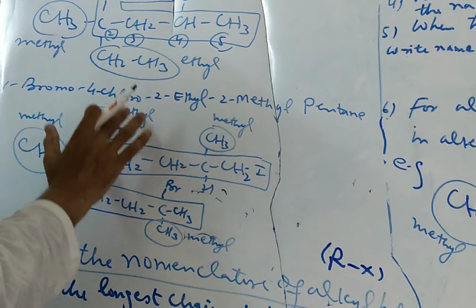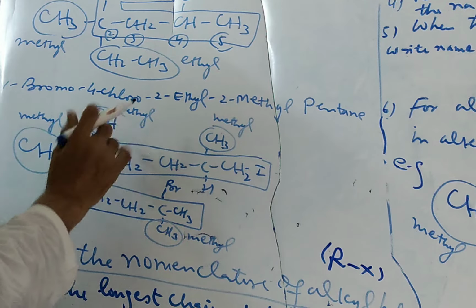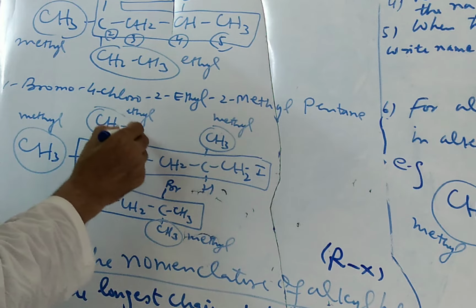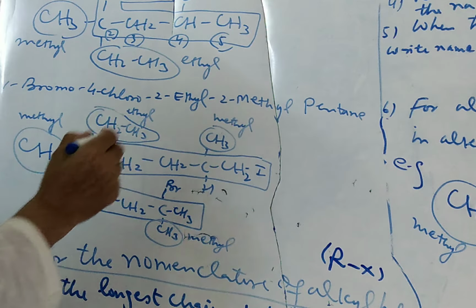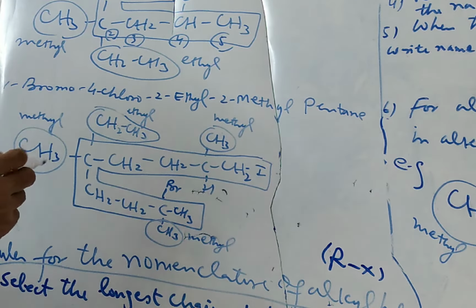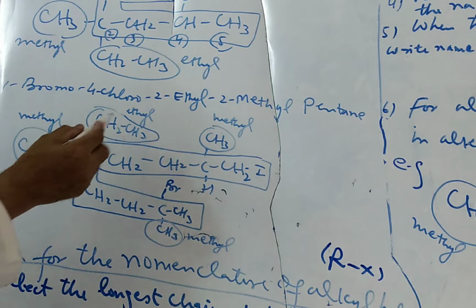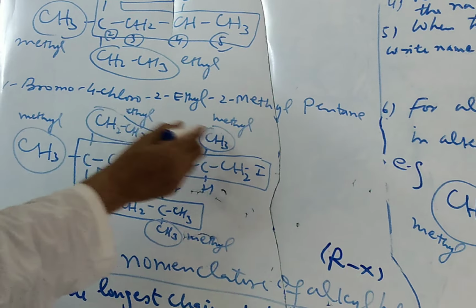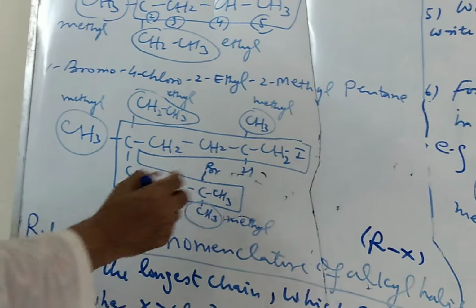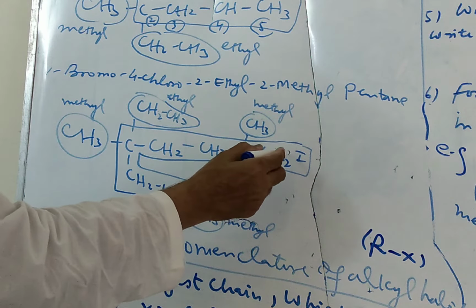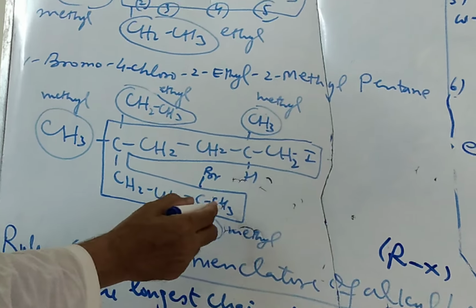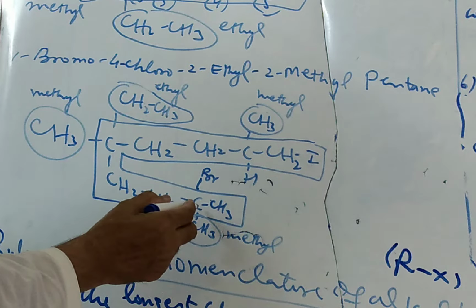Now consider, in this case we have the ethyl group, methyl, methyl, and this is the methyl. Now the numbering, it is first from this side: 1, 2, Br comes on the second position.